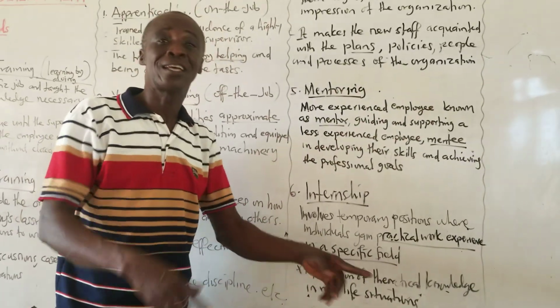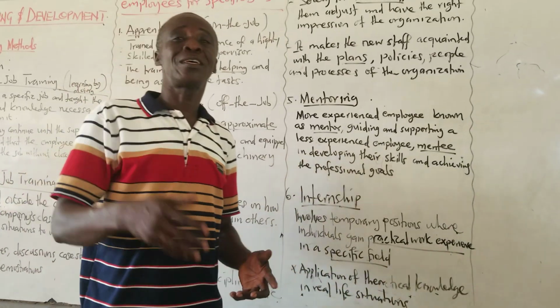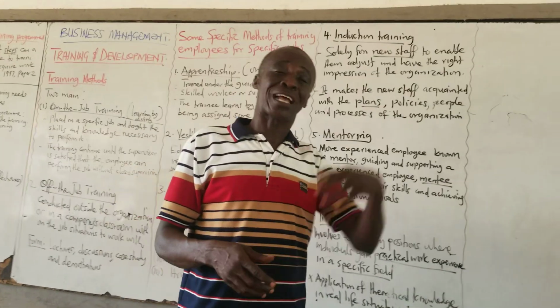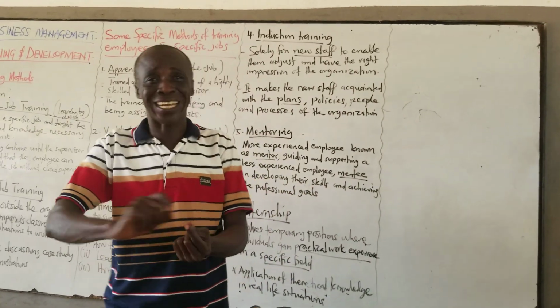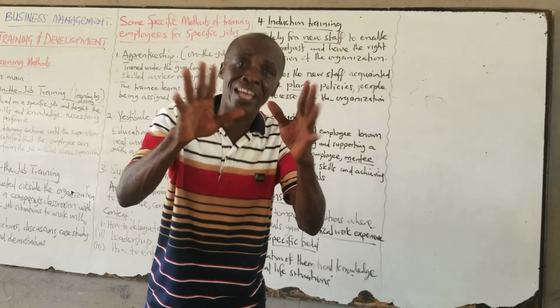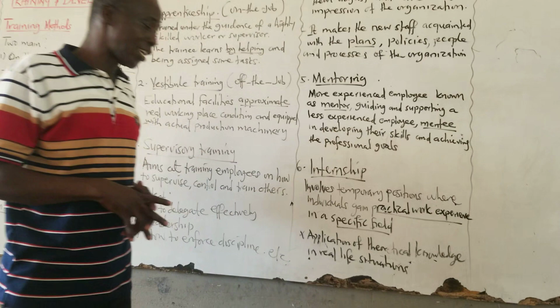The field here, in the example I gave, is the teaching field. Somebody who is learning accounting in school can go during vacation and learn the practical way of preparing accounts under an experienced accountant, a chartered accountant. So that is internship.